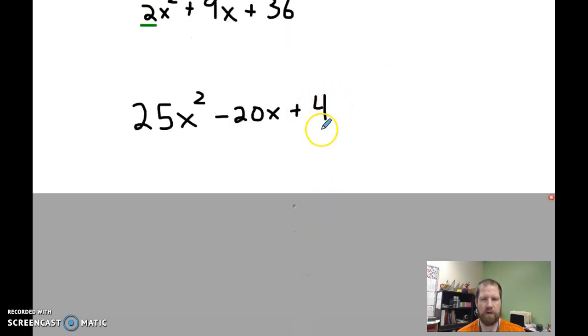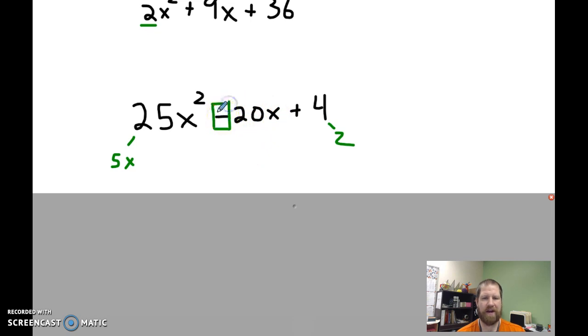So 4 is a perfect square. Its root is 2. 25x squared is a perfect square. Its root is 5x. Now I'm looking to see if 5x times 2 times another 2 equals 20x. You can see I'm pretty much ignoring this negative sign.